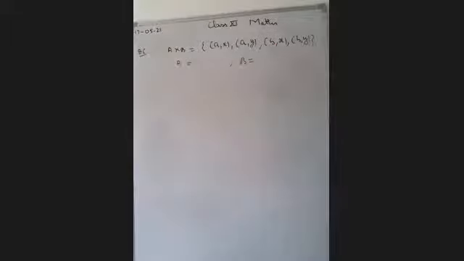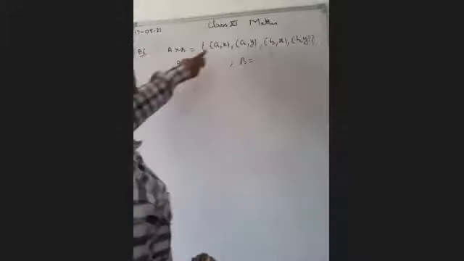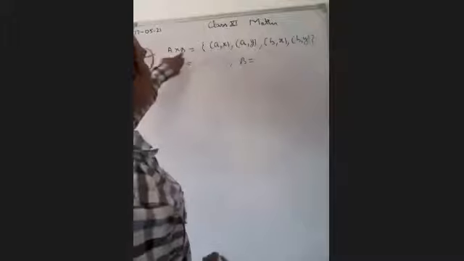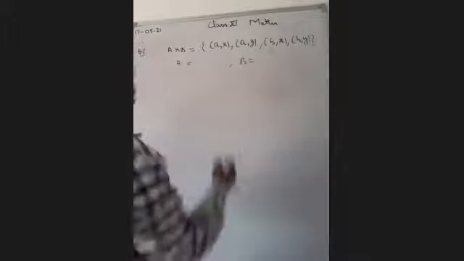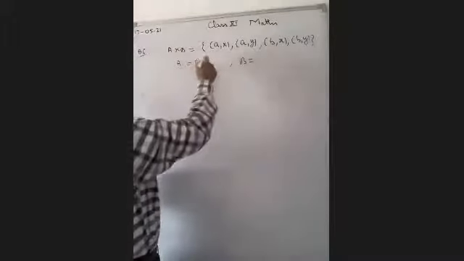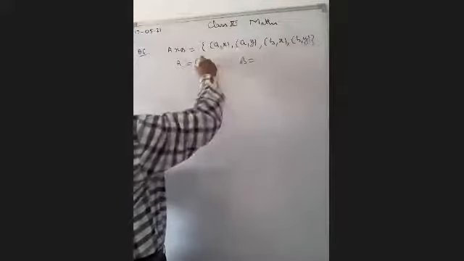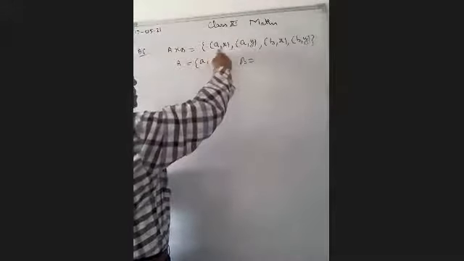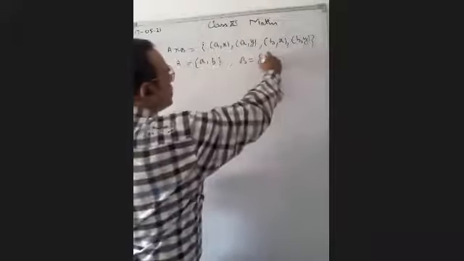ठीक है. So just as the definition we have, the first element we take from set A and the second element from set B. So by using the definition, we can get the elements of set A are A, B, and the elements of set B are X, Y. ठीक है.